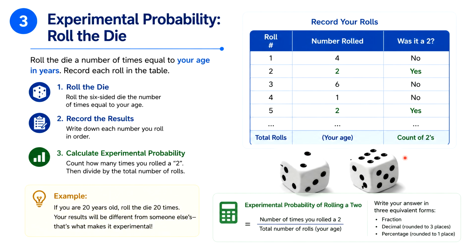Remember that experimental probability is based on the data you actually collected. So remember the formula: experimental probability is the number of times you rolled a 2 divided by your age, or the total number of rolls. Everyone's answer may be different because everyone's rolls will be different, and that is perfectly normal.